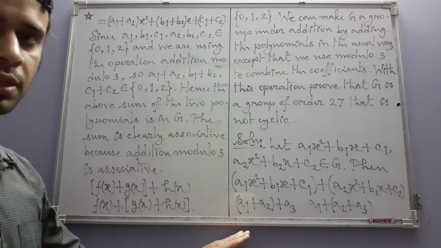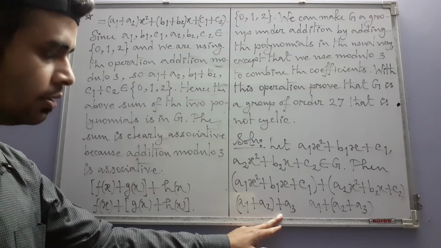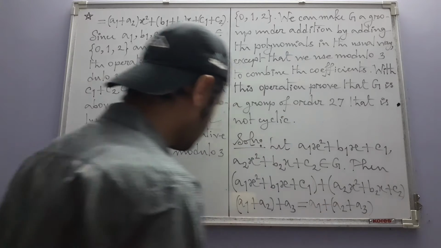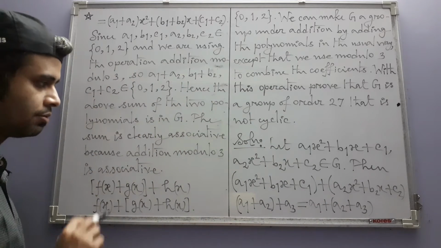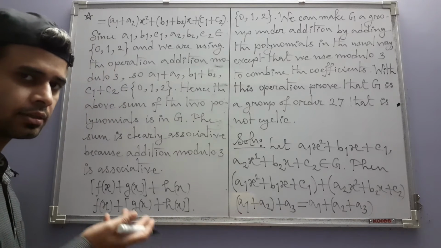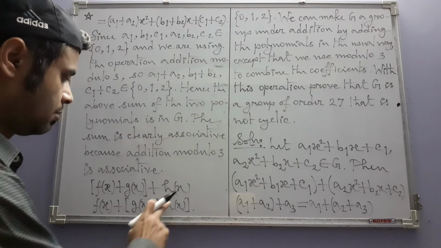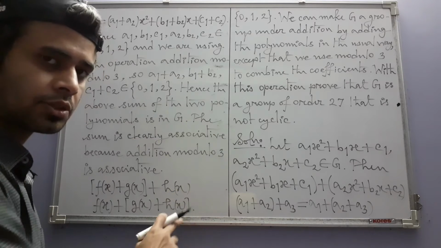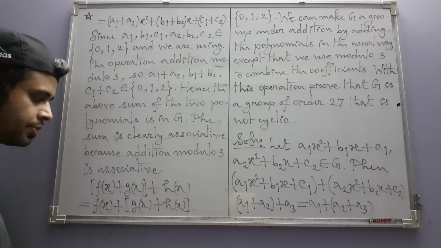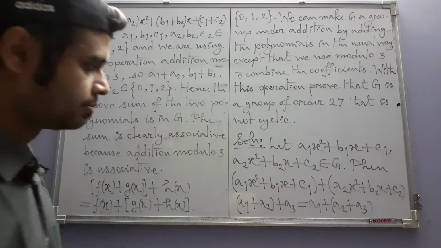And we should remember the fact that this sum is not ordinary sum, it is addition modulo 3, and these two things are equal because addition modulo 3 itself is associative. That's what we are saying here. So you can see that just like that, the coefficients of x and also the constant terms of both these sums will be equal, and so the sums themselves are equal, and that's how our original sum is associative.